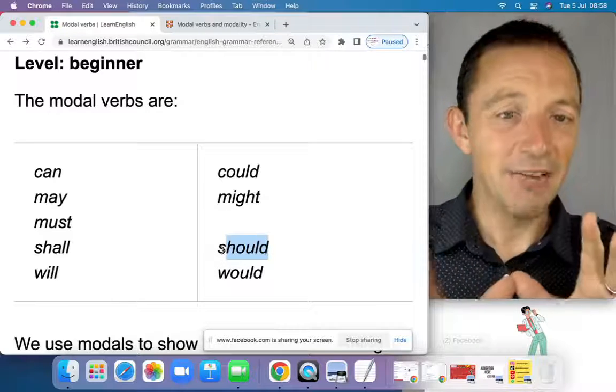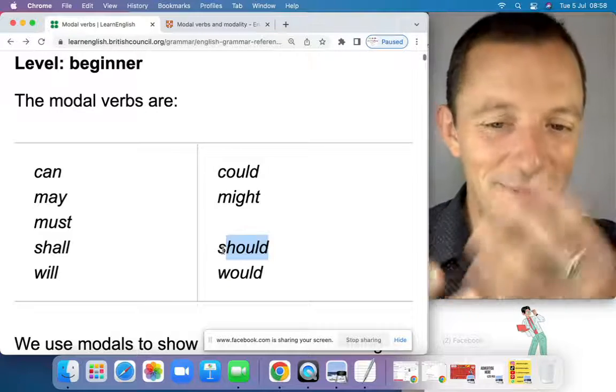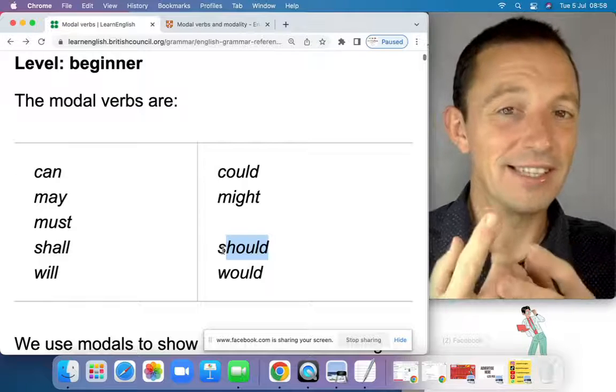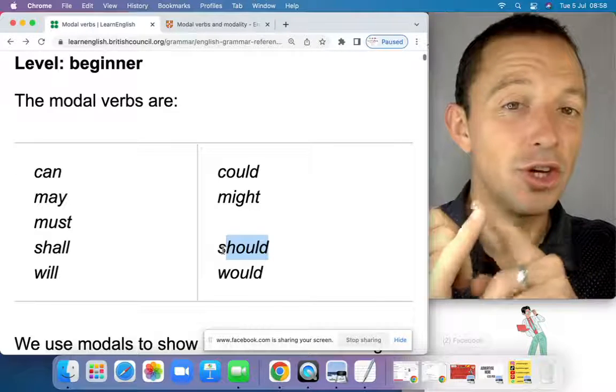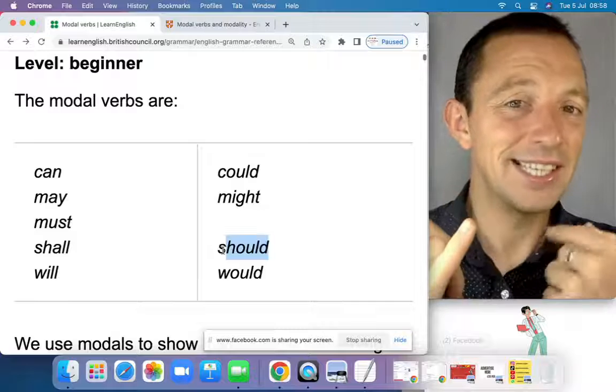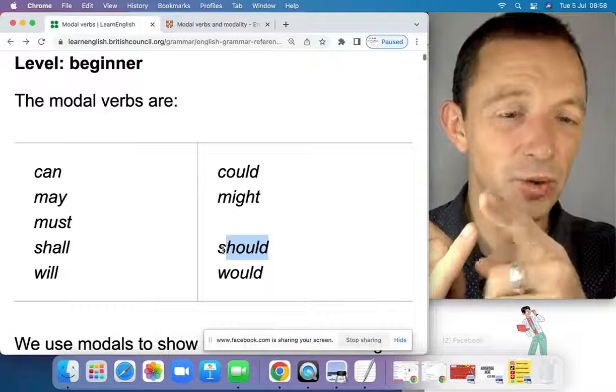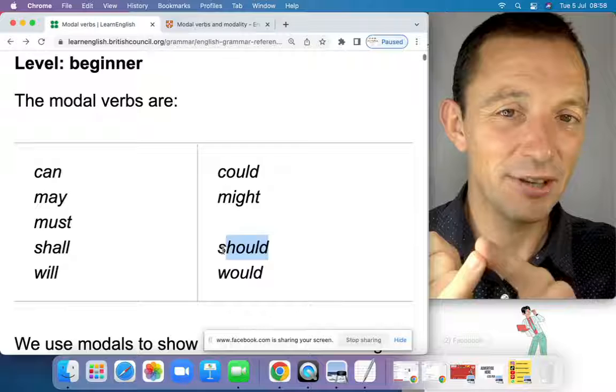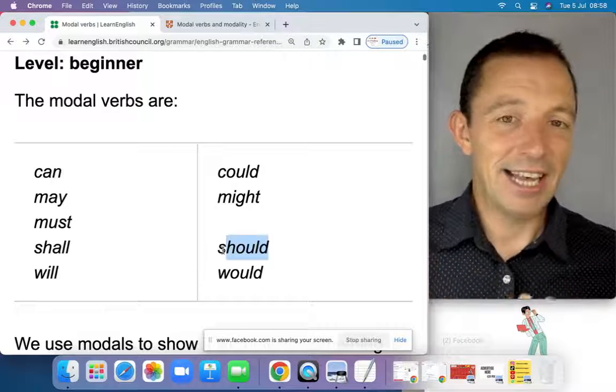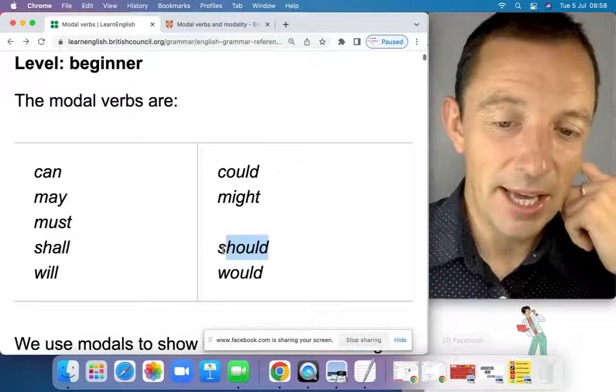In these areas, we use the modal verb should. For instance, advice: you should contact your friend. This is my advice for you. And that is advice. Okay?